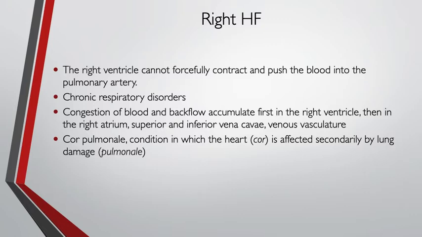Congestion of blood and backflow accumulates first in the right ventricle, then in the right atrium, then the superior and inferior vena cavas as well. Now, cor pulmonale is a condition in which the heart is affected secondary to lung damage, which is your pulmonale.